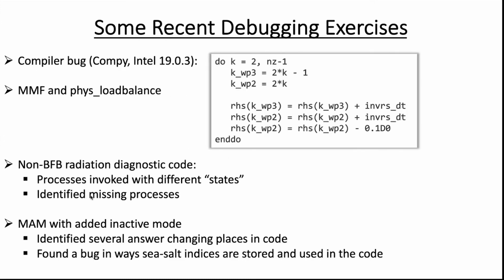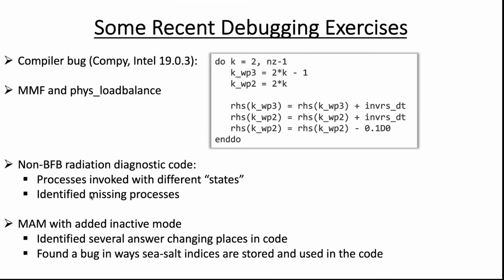And here's a list of some of the recent debugging exercises. For example, I went through an exercise where there was a bug in the Intel 19.0.3 compiler on Compy. And Pat Worley went through an exercise where he discovered non-bit for bit results due to changes in fizz load balance, and we expect the answers to be bit for bit.